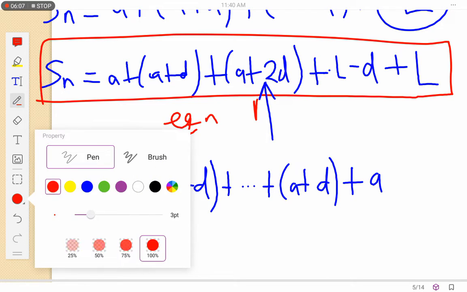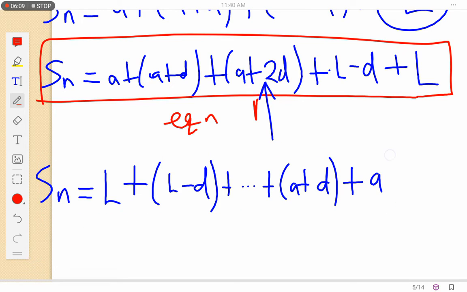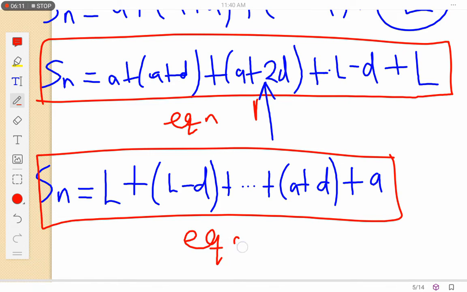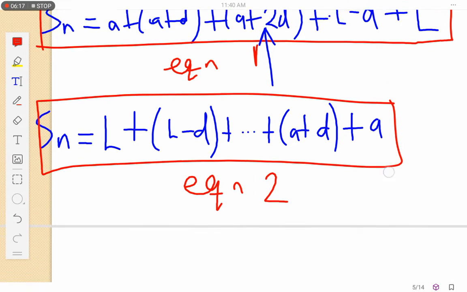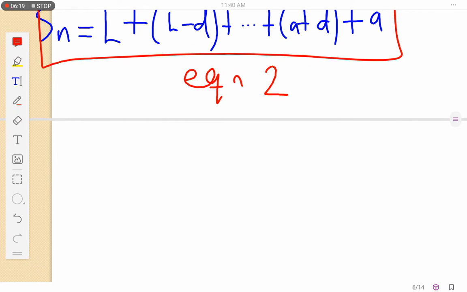So this is my equation number 2. Now I've got that information, what I can now do is this.